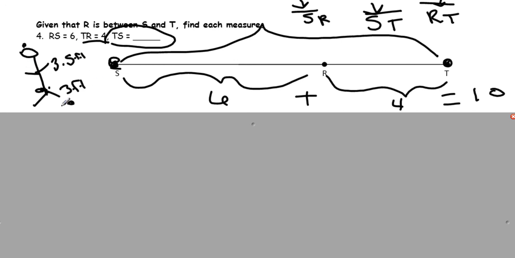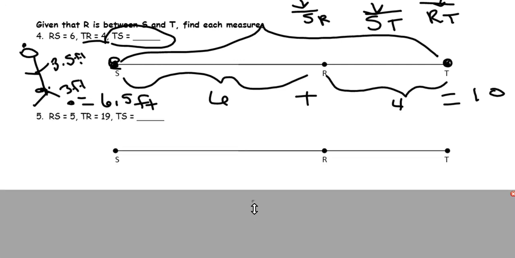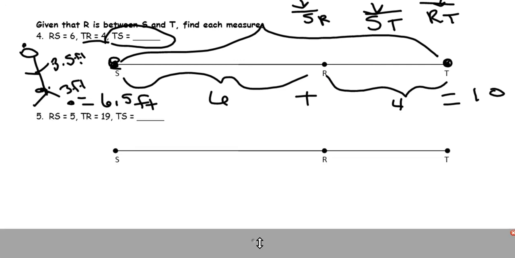So total, you would be 3.5 feet plus 3 feet, which is 6.5 feet. And that's all we did here with the segment. So go ahead and see if you can figure out number 5. You need to draw a picture. Pretty soon I'm not going to be giving you pictures. And you need to label the picture with the measurements given. Pause the video and tell me what you get.